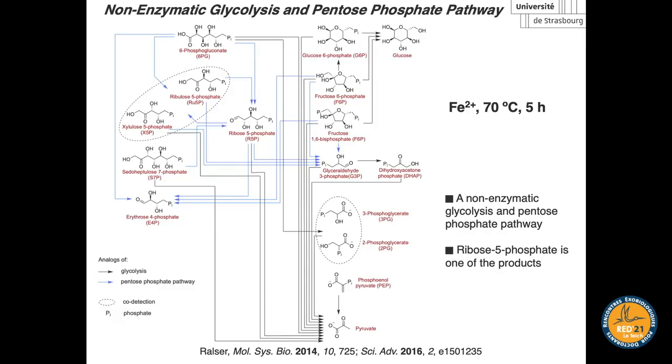So they found all these intermediates that you can find on the slide. The black arrows correspond to glycolysis, while the blue arrows correspond to the pentose phosphate pathway. And the important thing, I hope you see, is in the center of this scheme: you should see a ribose. The ribose is the building block that we can use for the synthesis of ribonucleotides.